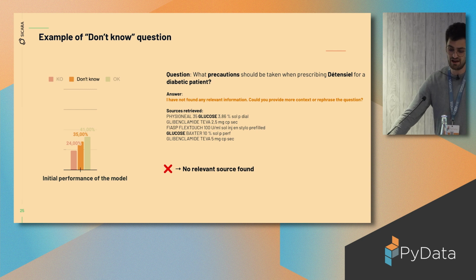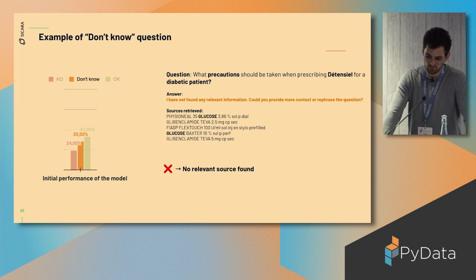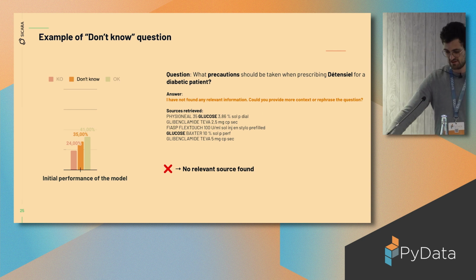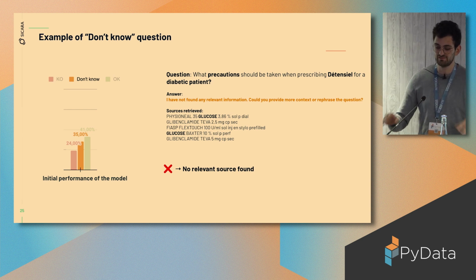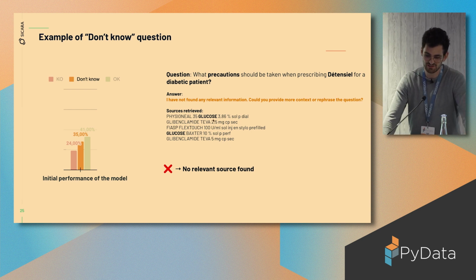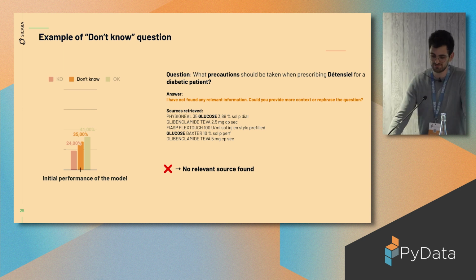Here is an I don't know question. We are asking what precautions should be taken when prescribing Detensiel for a diabetic patient. And basically the model did not really pick up on Detensiel, which was the keyword here, but more on the diabetic part. And so it outputted sources related to glucose, etc., which wasn't what we were expecting.